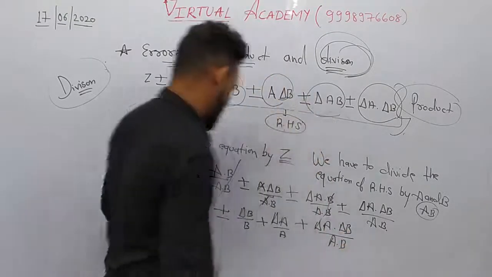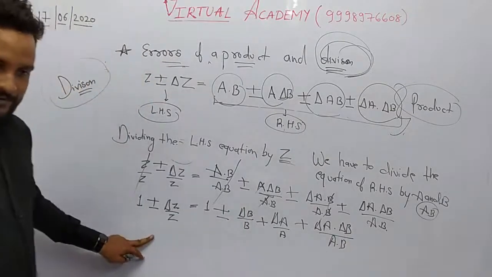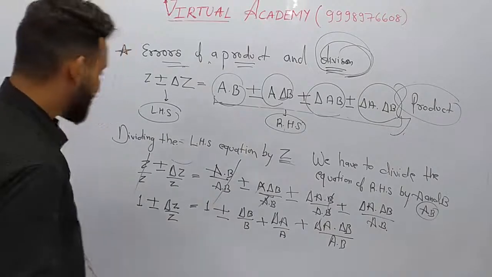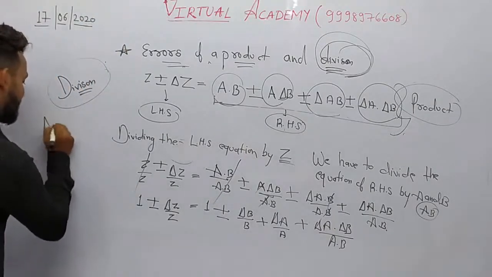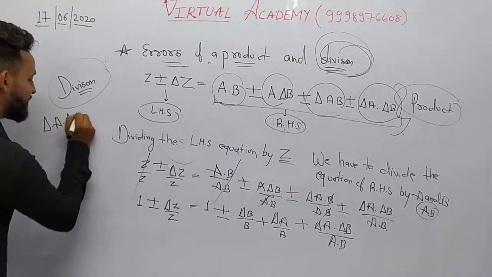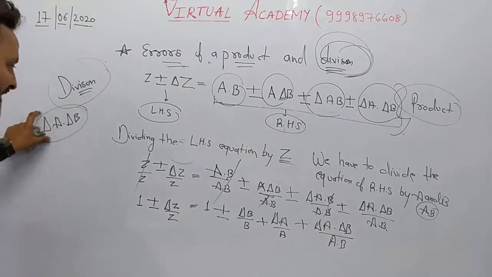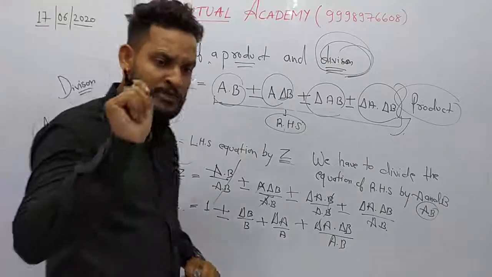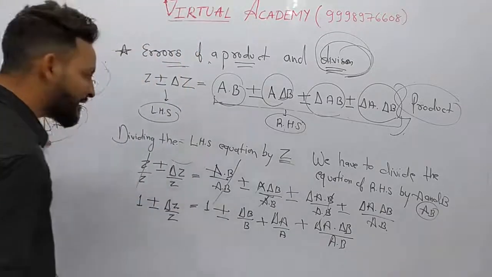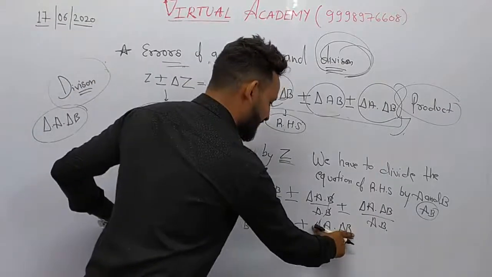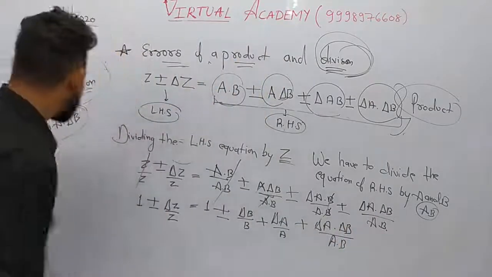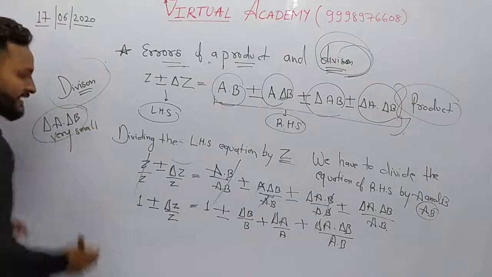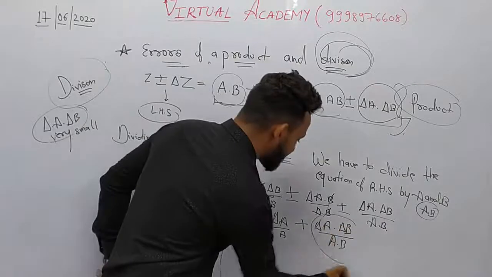Now dear student, this equation is completed. Now suppose the value of delta A into delta B is very small, because delta A and delta B are errors, and very small errors. So if we multiply delta A and delta B, its value will be very, very small. So we are neglecting this term.